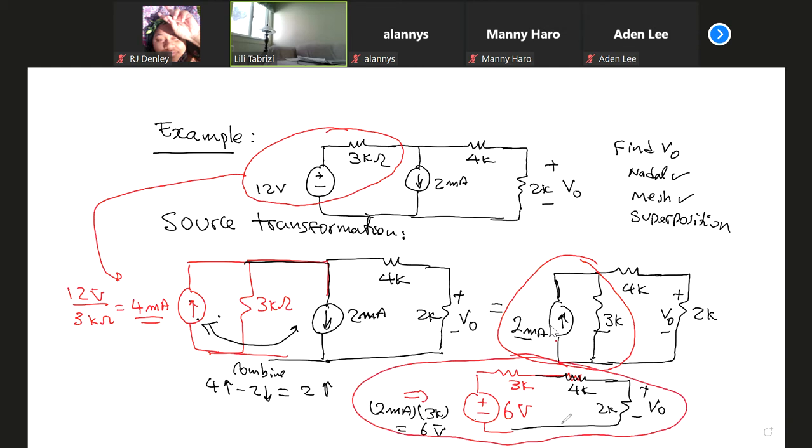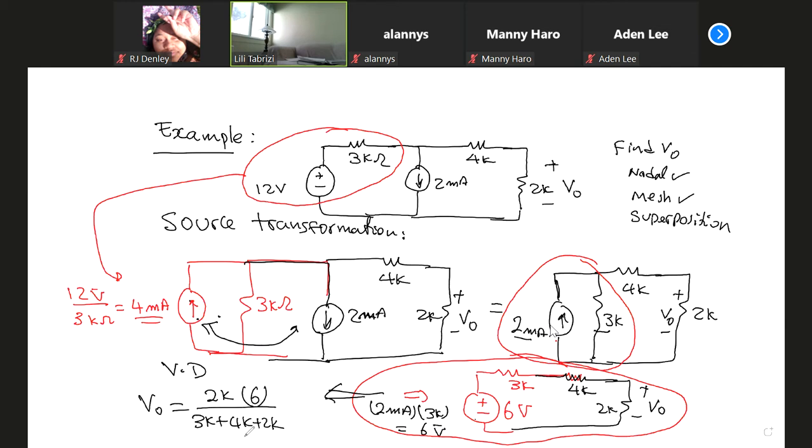Okay, now look at this circuit. It's a series circuit, voltage division law. Now you should be able to find V0 using the voltage division law. V0 is the voltage across 2 kilo ohm divided by the summation of all ohms, 3 kilo plus 4 kilo plus 2 kilo, multiplied by the value of the voltage source, 6 volts.